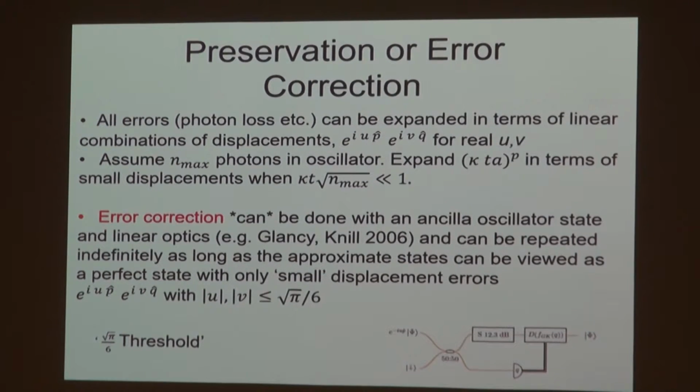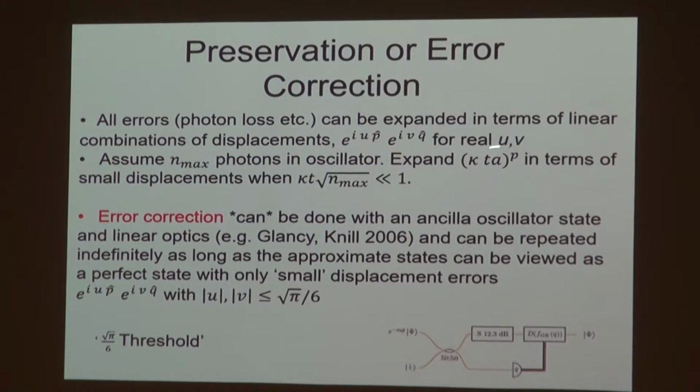So similarly, any type of operator on this oscillator, be it the annihilation operator a, can be expanded in terms of linear combinations and products of displacements, for any real u and v. But I said before, if the displacements u and v are small, smaller than the square root of pi over 2, I claim that the code can correct this. So what I have to show is that the dominant source of loss, photon loss at low rate, can be expanded in terms of displacements for which these u and v are small.